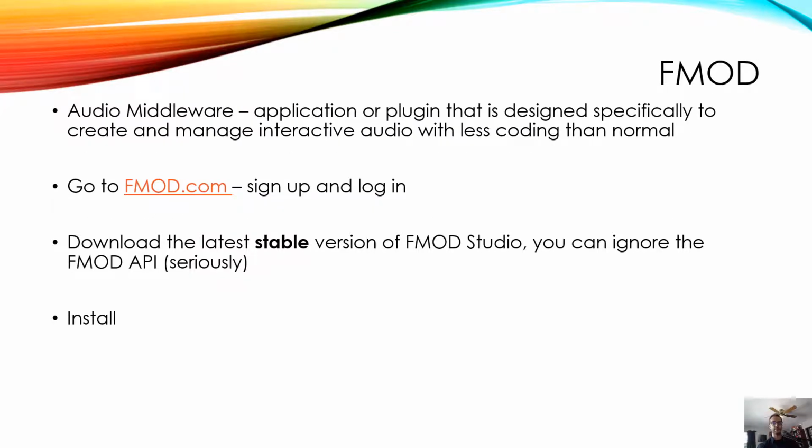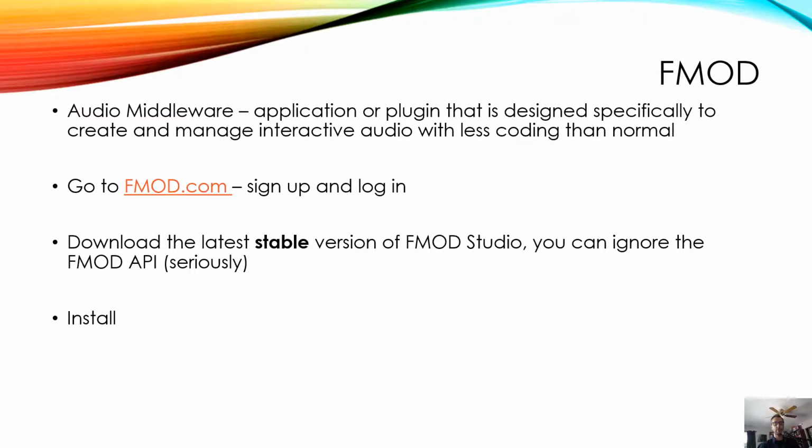FMOD is going to be a lot of fun. This is an audio middleware program. That's an application or plugin that is designed specifically to create and manage interactive audio with less coding than you would normally have to do in order to make it interactive. So again, it is free. Go to fmod.com, sign up, and log in.